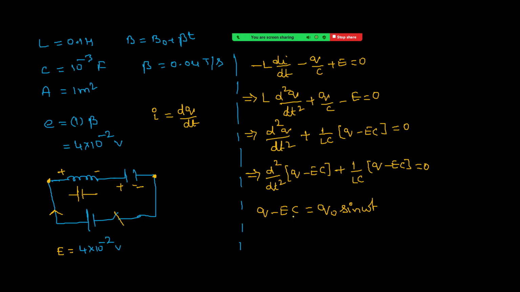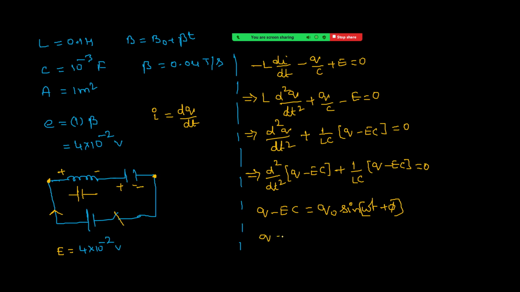That means Q equal to EC, and that is wrong, because after a long time the capacitor will be fully charged. So here I have to write a plus phi, some constant. That is what we have to calculate.